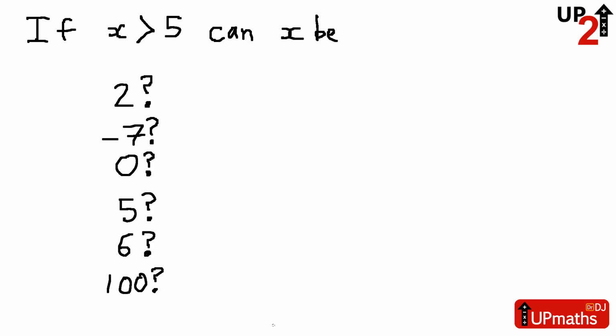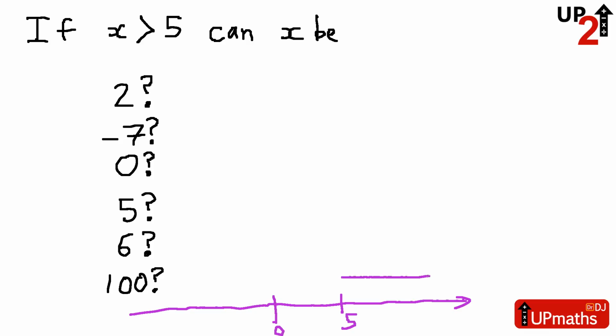Here's another one. So x has to be greater than 5. Okay, so we need it to be over there basically. Well, 2 isn't greater than 5, is it? Wait, what? I just said that wrong, didn't I? Let's start again. 2 is less than 5, so that's not.